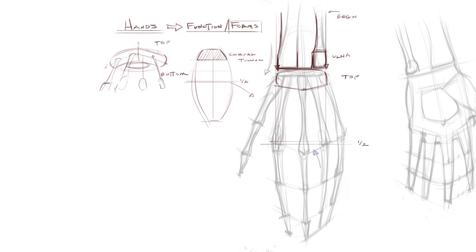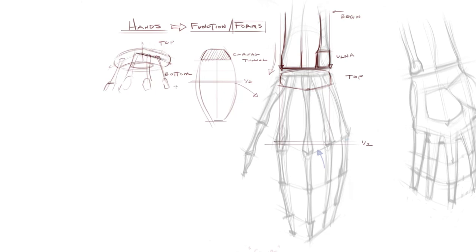So one thing that we'll find is that all of the metacarpals, as they come from the carpal tunnel, sit on this high to low, and the peak of that is the middle finger, and then from there it kind of drops back down to the thumb.